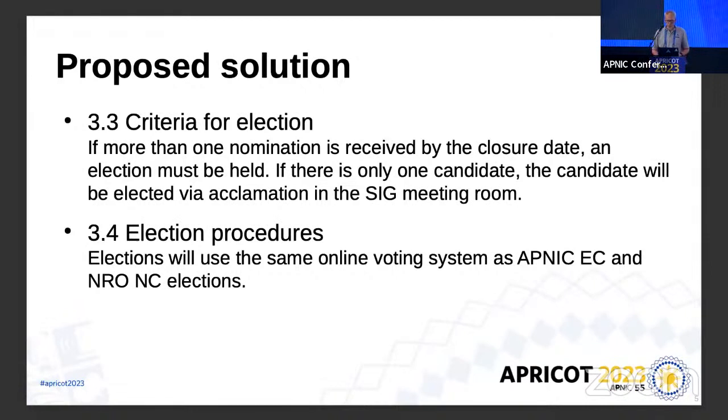If more than one nomination is received by the closure date, an election must be held. If there's only one candidate, the candidate will be elected via acclamation in the SIG meeting room, or standing ovation, or whatever. 3.4, election procedures. Election will use the same online voting system as APNIC EC or NRO NC elections.